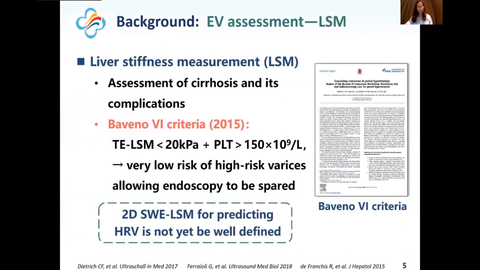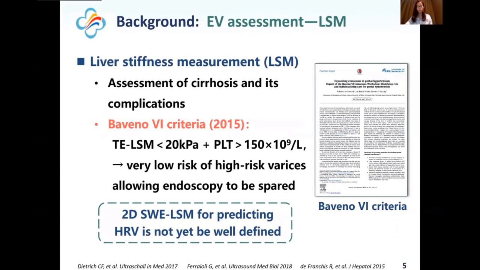In previous studies, liver stiffness measurement (LSM) is proposed as useful for the assessment of cirrhosis and its complications. The 2015 Baveno VI consensus presented the criteria for excluding cirrhotic patients with high-risk varices.